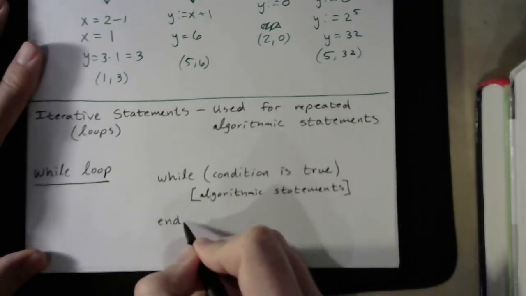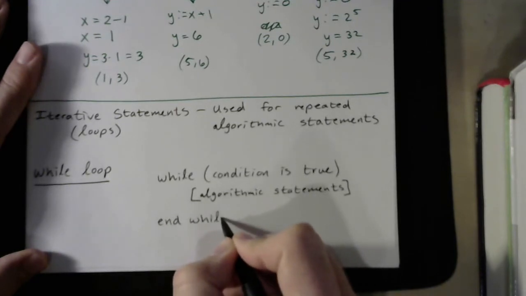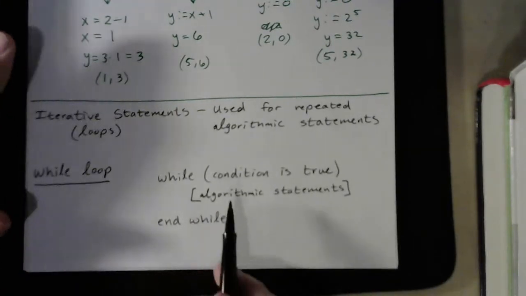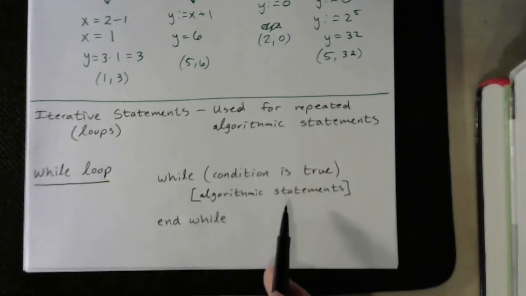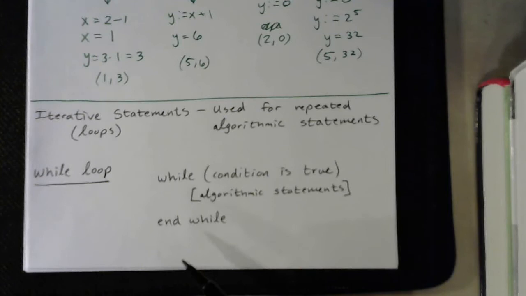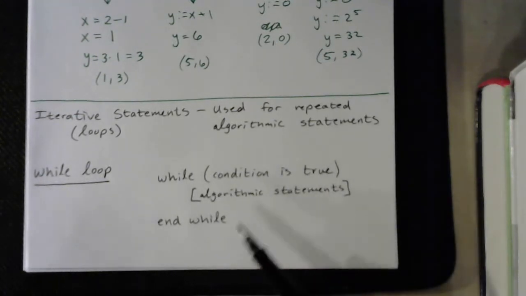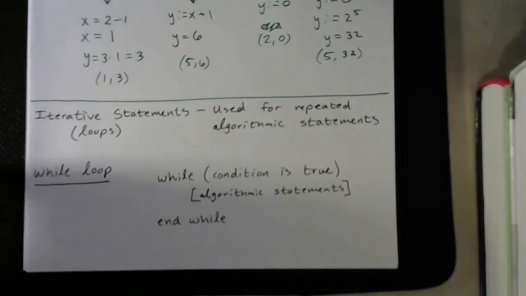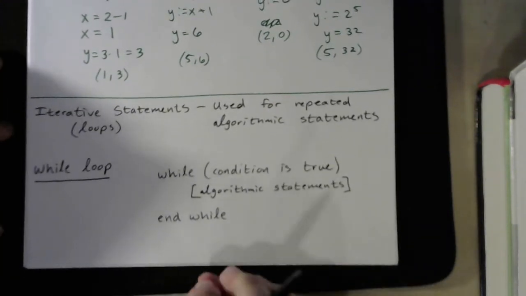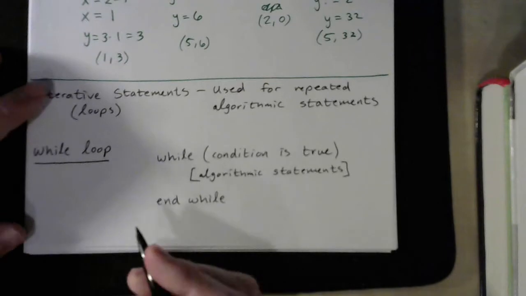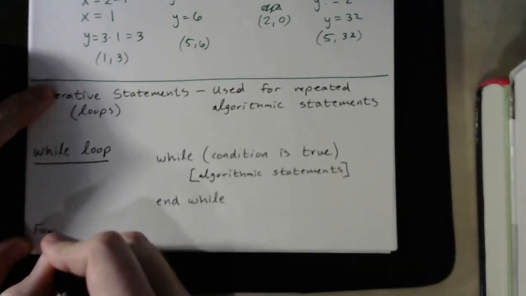And then we end the while. So our algorithmic statements continue on until our condition is no longer true. Right? We've seen a while loop. It just keeps spinning itself until we get to the point where this is no longer true, and then it stops. It halts itself. And then the other loop is the for next loop.